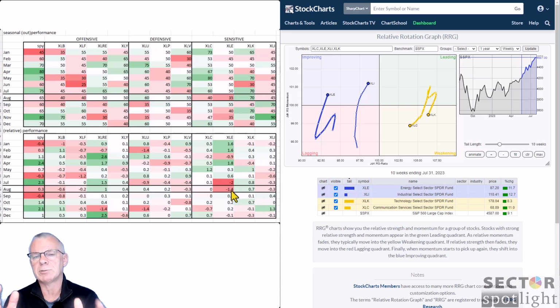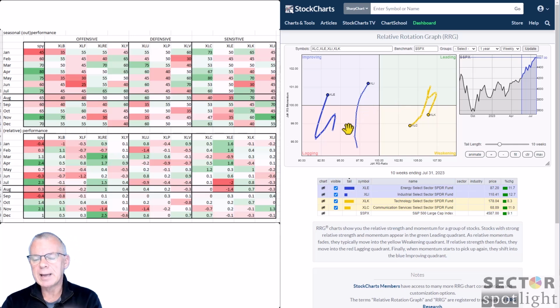That's a number that I'm interested in. 65% of the time, I like 70 better, 75 even better, but 65 is getting interesting, especially in combination with a minus 1.4. Because it means that when that sector is underperforming, it's really underperforming. And when it's outperforming, it's not outperforming that strongly. So it suggests that August is a very weak month for energy.